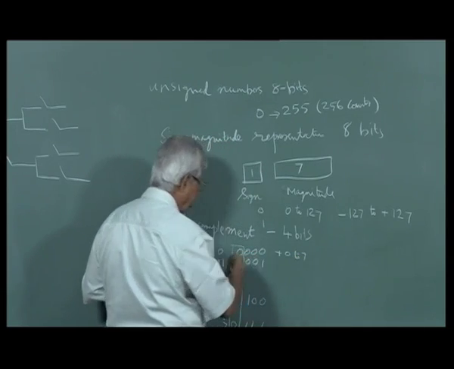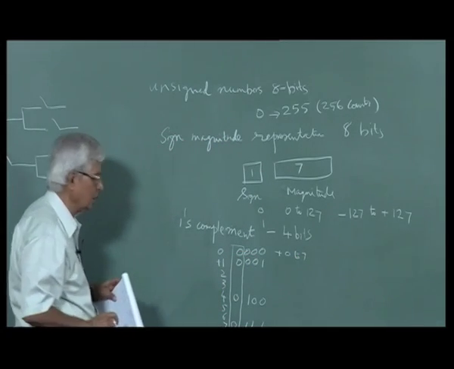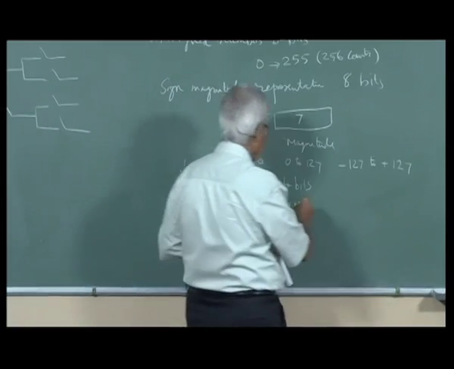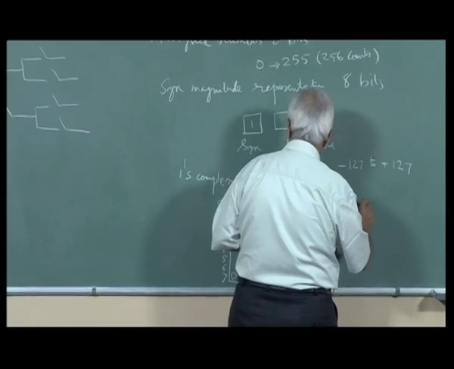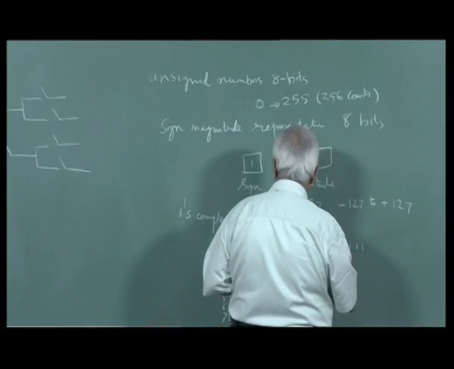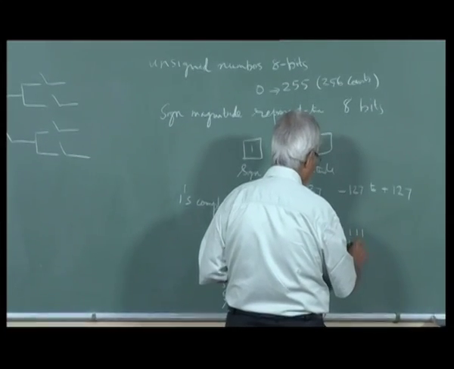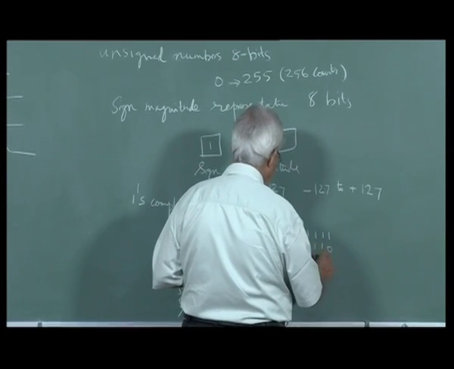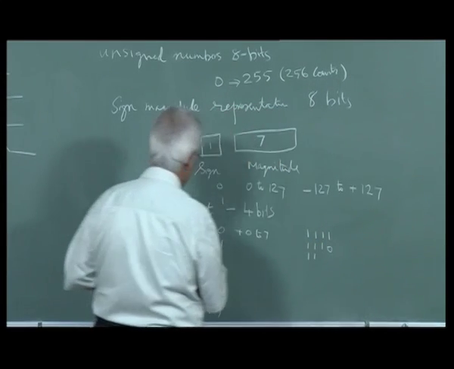so the moment I want negative numbers, I invert each bit. So this becomes 1, 1, 1, 1, 1, 1, 1, 0, 1, 1, this will be 1, 1.